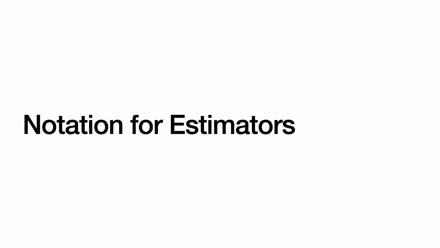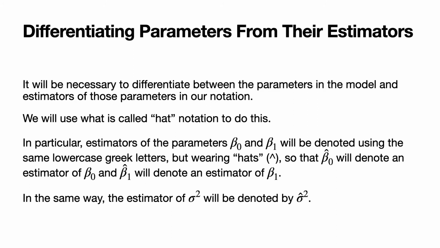All right, next, let's introduce some notation for estimators. Now, it will be necessary that we differentiate between the parameters in the model and the estimators of those parameters in our notation. We're going to use what is called hat notation to do this.